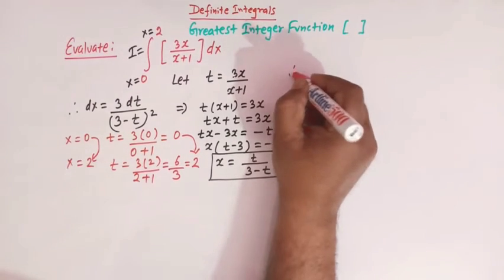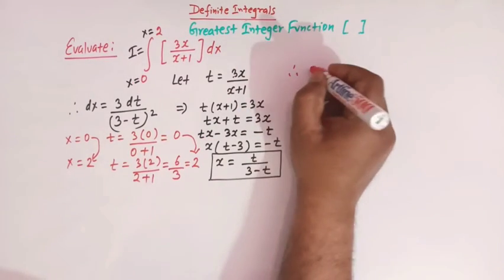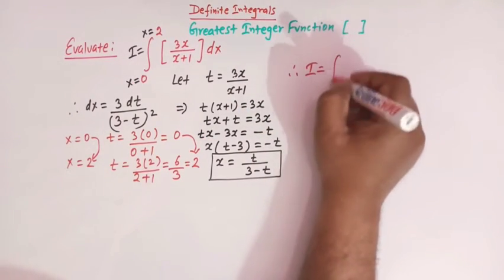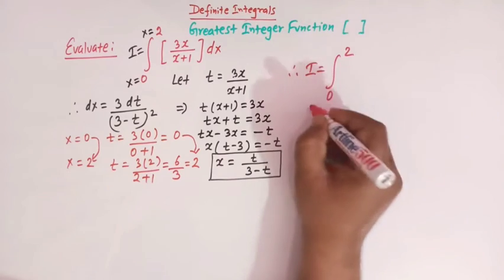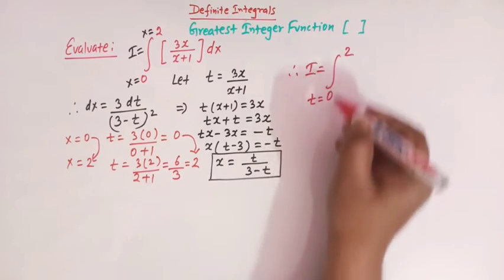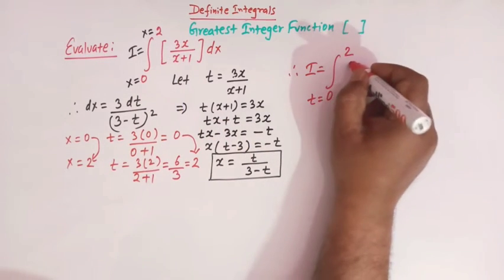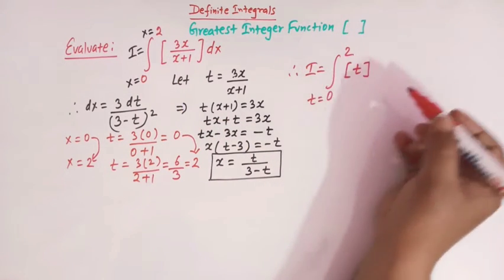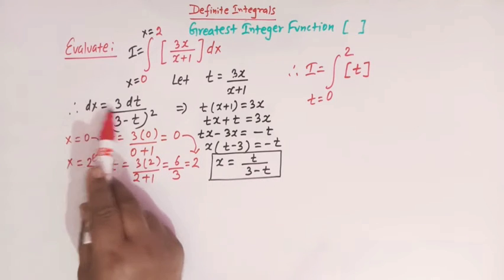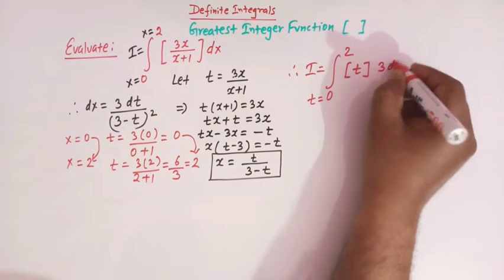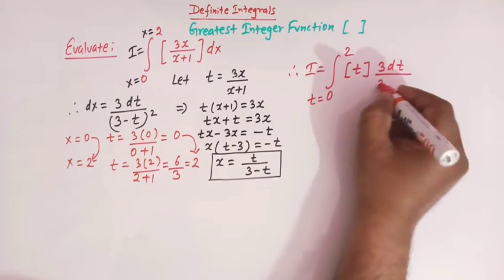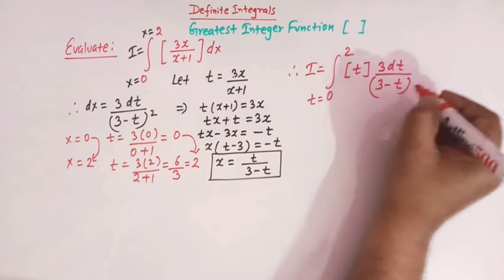So now we can write this integral I as the integral from 0 to 2. Now t varies from 0 to 2, and for 3x over x plus 1 we have the greatest integer of t, and for dx we can write 3 dt over 3 minus t square.